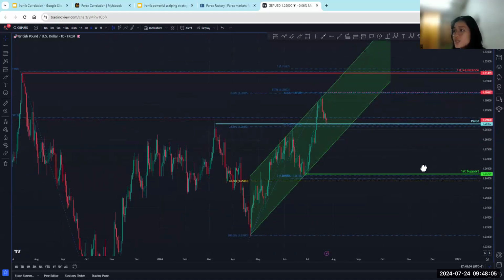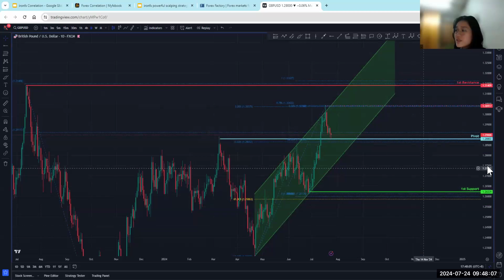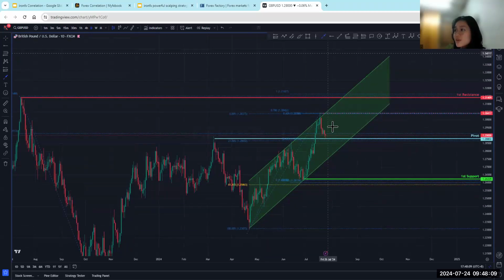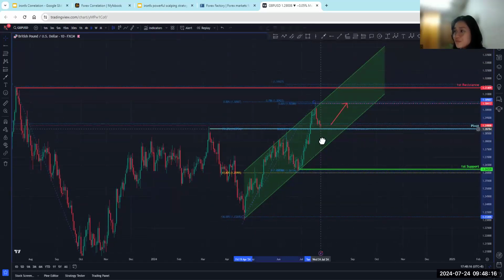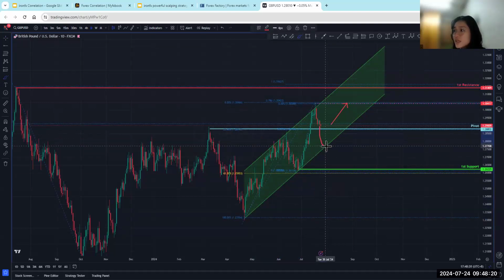So we are expecting it to continue to move within this trend channel. It might bounce off of this pivot, or it might break below it. But ultimately, we are expecting it to continue within this ascending trend channel.